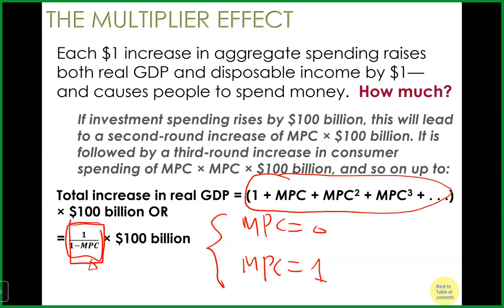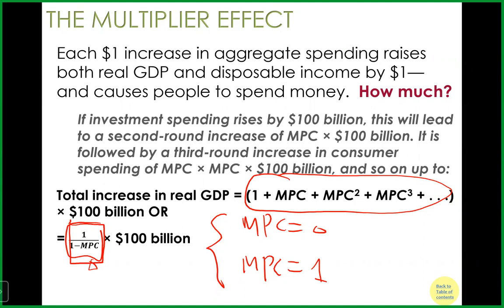I'm saying if MPC equals 0, then the multiplier equals 1. What does this mean? It means the entire thing is going to collapse after the first round, right? Because after the first round, no one is going to spend. Does that make sense?